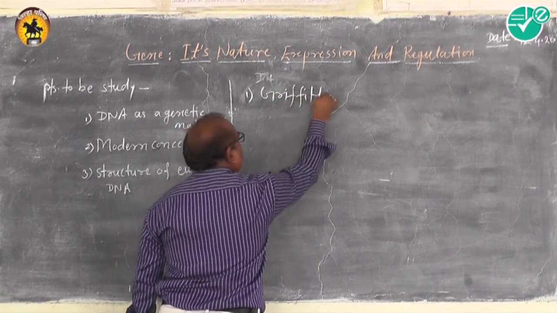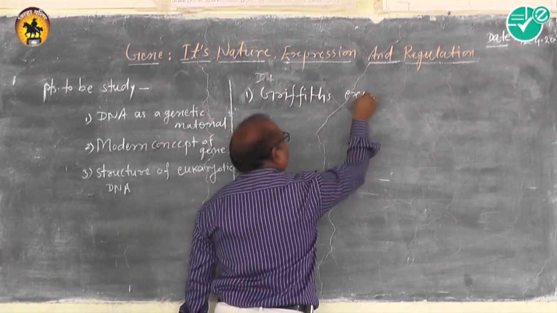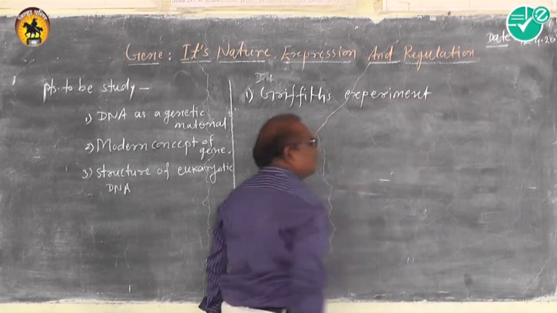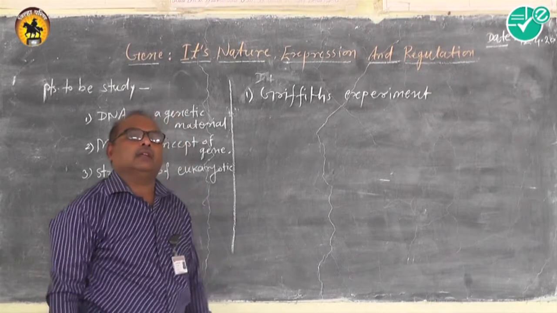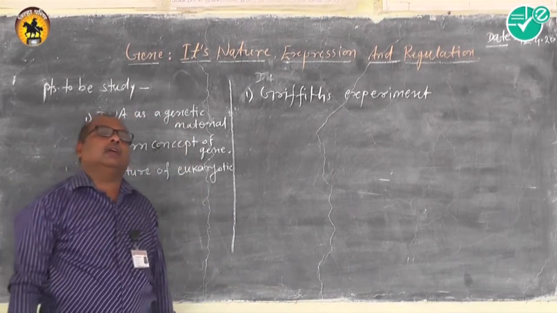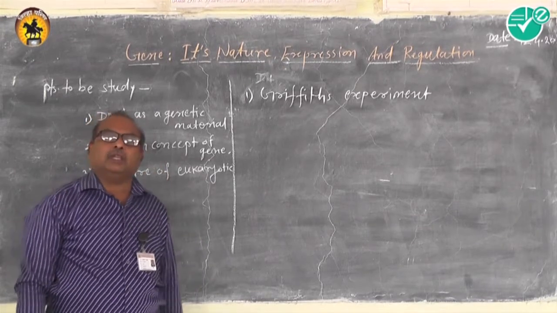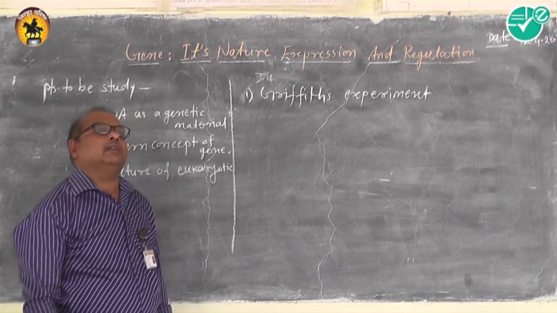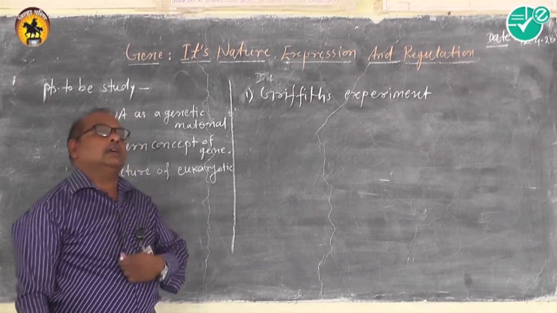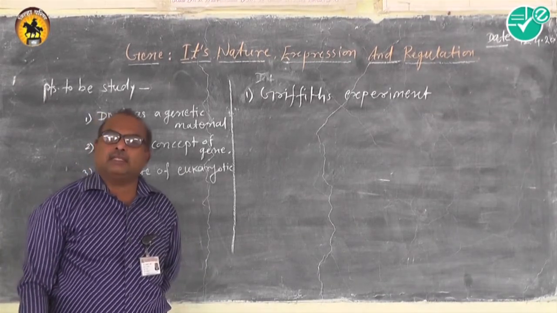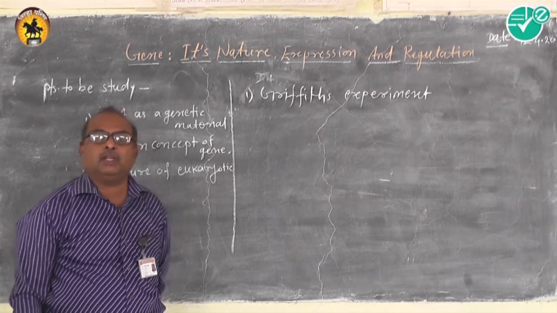Griffith's experiment. It was to explain whether DNA or something else is a principle which transforms one form of the bacterium into another form. For that, Griffith chose mice for his experiment.